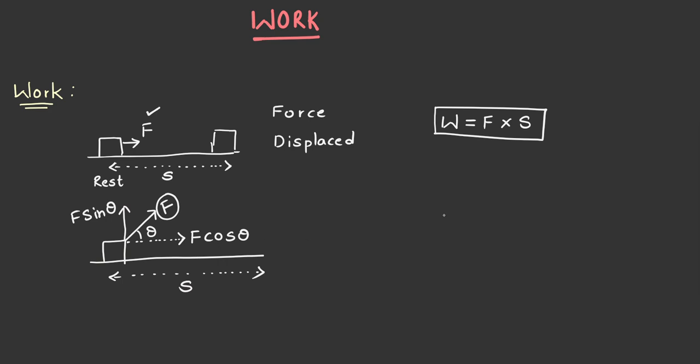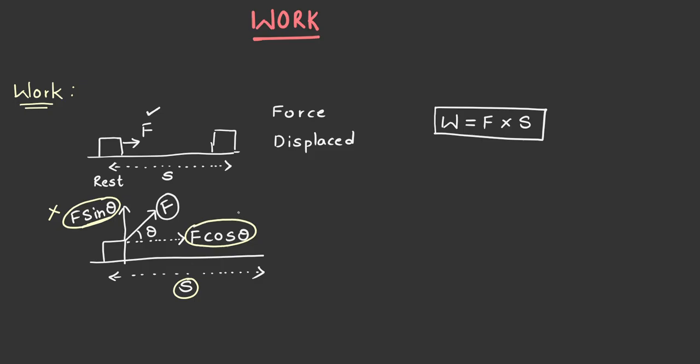After resolution, we can clearly say that F sin theta, this component of force, is definitely not acting along the direction of displacement. So F sin theta is definitely not the reason for this displacement. F cos theta is the component which is acting along the direction of displacement.